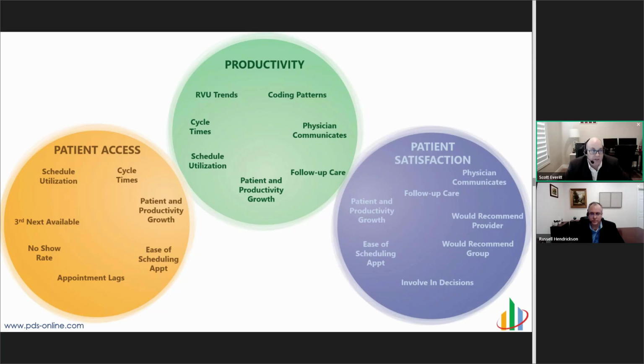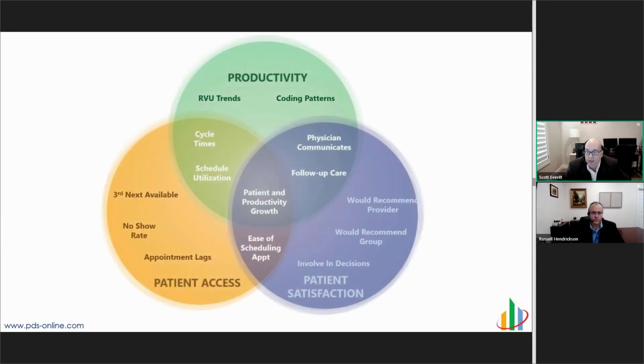And then what's the satisfaction level of the patients that we are seeing? Because that's what's going to help us maintain that upward trend, particularly when we're looking at, would you recommend this provider, or would you recommend this group? That's how we're going to see overall growth in patient level, both at the provider level as well as at the practice level. So again, all 3 of these things definitely come into play.